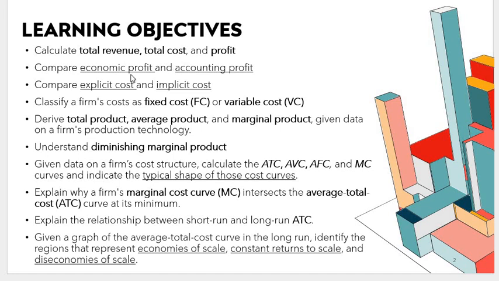These terms are like: what is the total revenue, total cost, and profit. We'll talk about how to calculate economic profit and accounting profit. We'll also divide the total costs sometimes into explicit cost and implicit cost, and sometimes into fixed cost and variable cost.